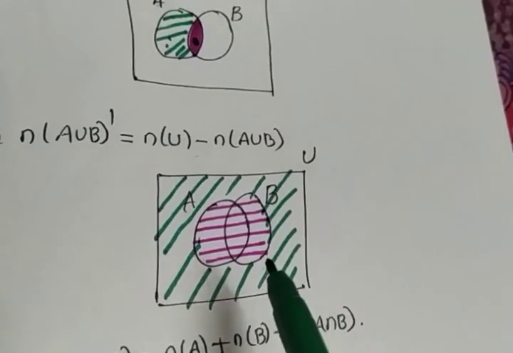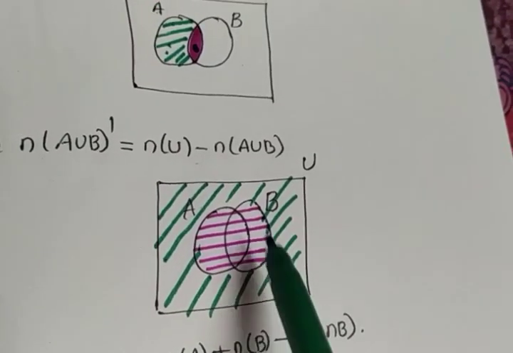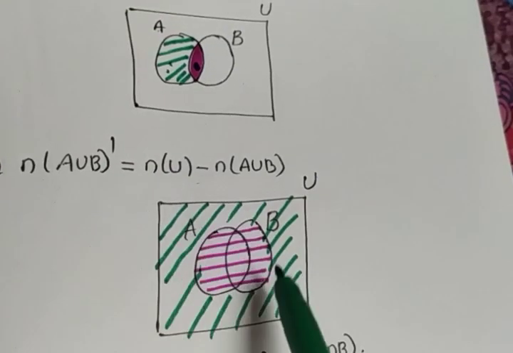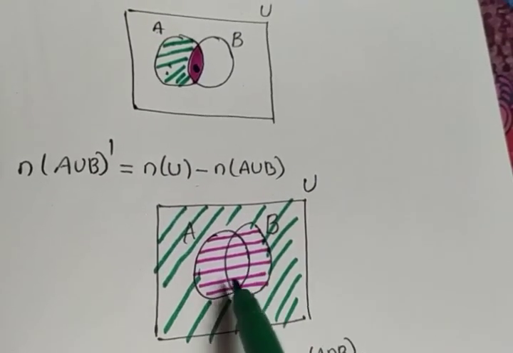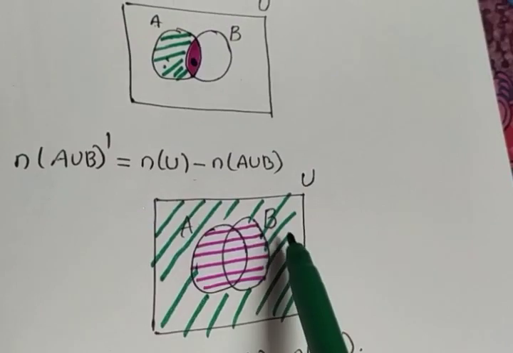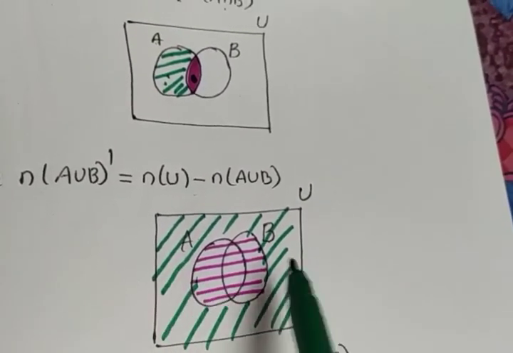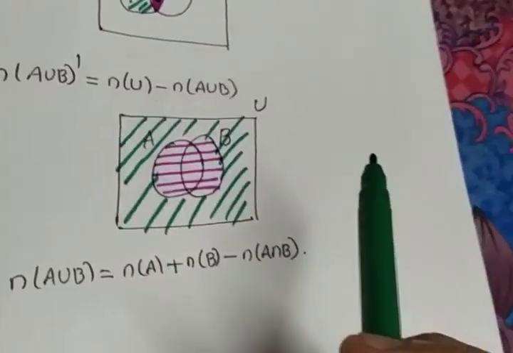So that is A union B the whole dash. And the statement says that n of U, the number of elements in U, minus the number of elements in A union B, will give you the number of elements in A union B the whole dash. Both represent the same sets. That means the number of elements will also be equal.